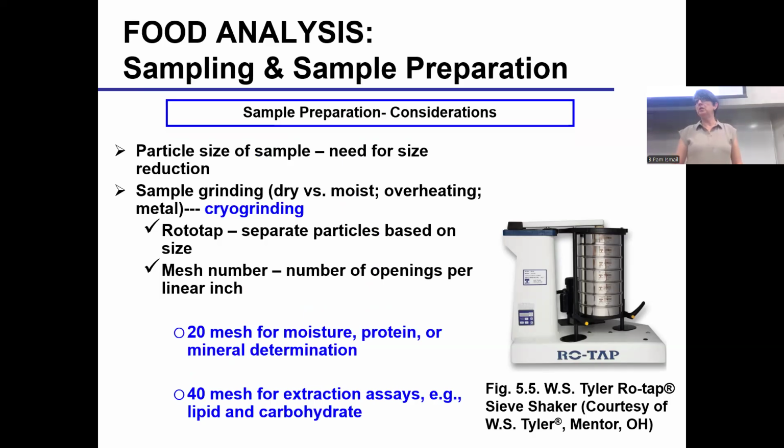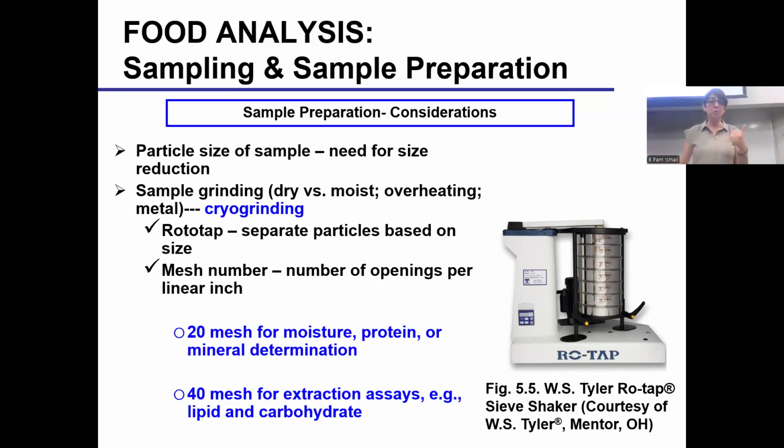Homogenizing your sample is very important for determining certain components. So you need to have them homogenized. Oftentimes we do grinding, and we need to get to a certain mesh size. Remember, the mesh is the number of openings per linear inch. For certain analyses, you require a minimum of 20 mesh, meaning 20 openings in 1 linear inch.